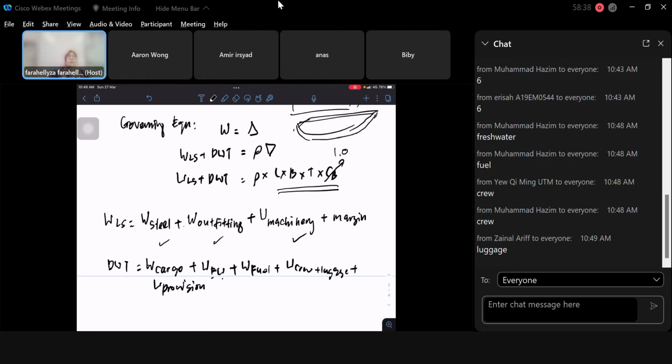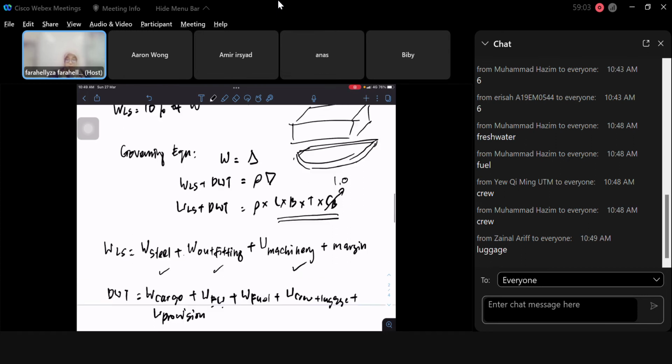Especially if you sail a long range, for many days, you need to have a lot of provisions on board the vessel. So whatever things that you may include as provisions. Okay, so that is basically DWT.